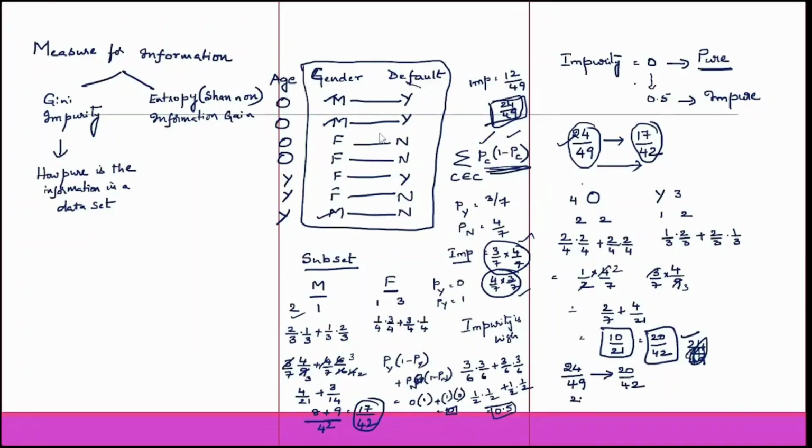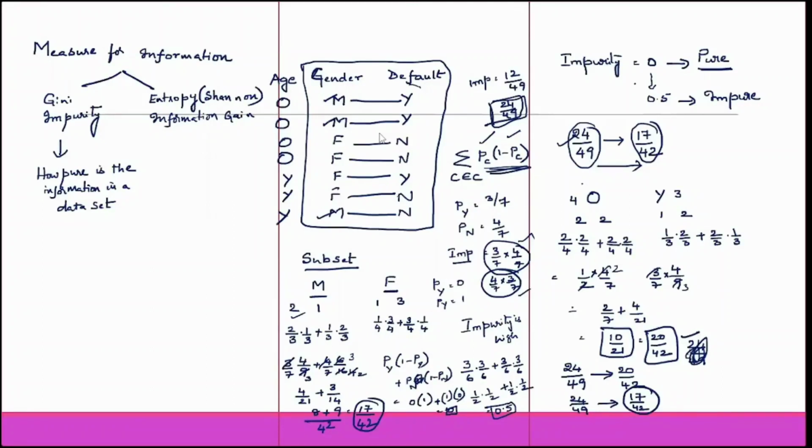Whereas when I am doing a split based on the gender, it is coming to 17 by 42. So the impurity got reduced more when I am doing a split based on the gender.